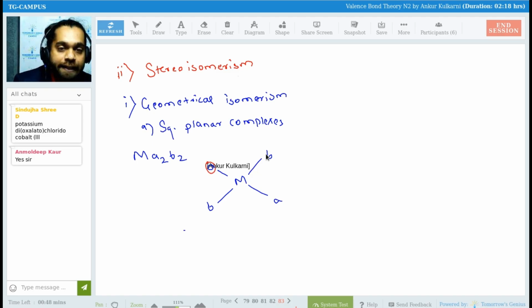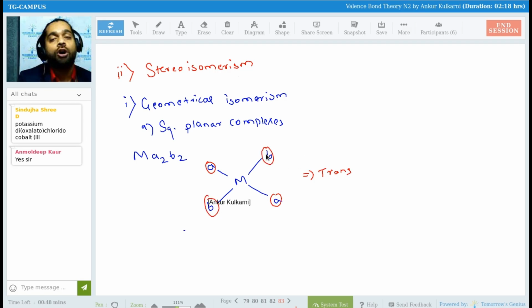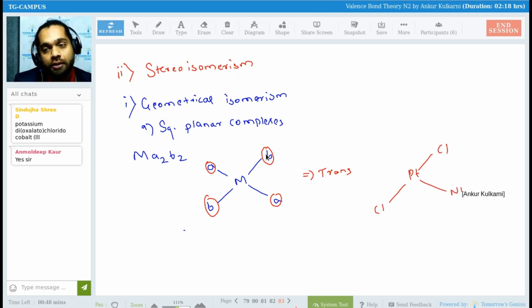If identical ligands are in the opposite positions, we call it as trans. Identical BB in the opposite, we call it as trans. For example, if I have a complex like platinum, ClCl, ammonia, ammonia, this is a trans.